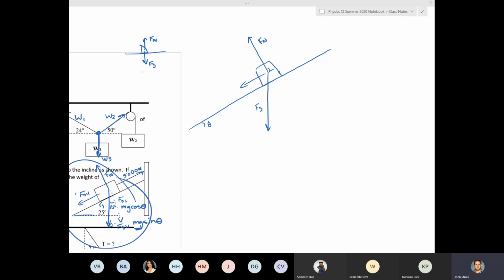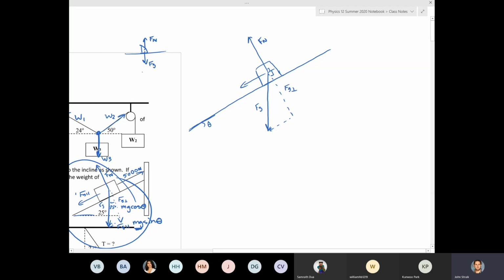And so to figure out that part of gravity, we break FG into components. We do that by drawing two lines: one that's parallel to the plane itself, so we call it FG parallel, and one that is perpendicular to the incline, so we call it FG perpendicular.